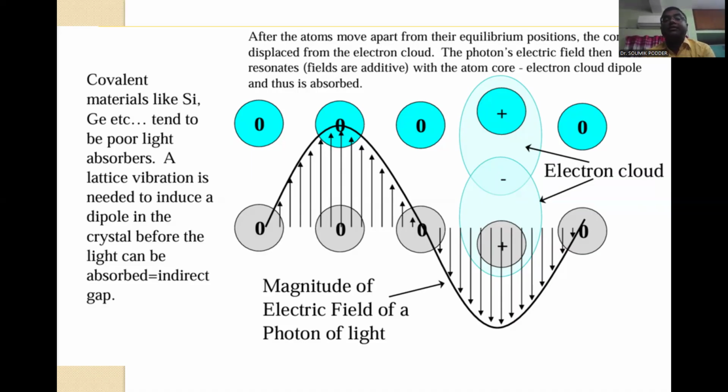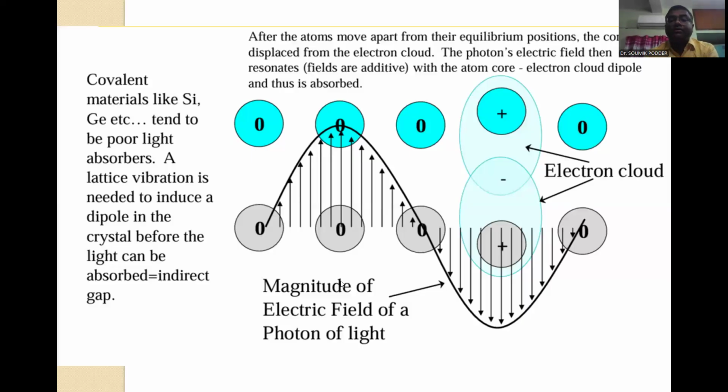This is because they are strongly attached by covalent bonds, so it is very difficult to isolate the electrons and the holes within the crystal. At the same time, a loss of heat energy will be emanated. That heat energy will try to vibrate the crystal, so lattice vibration will take place.